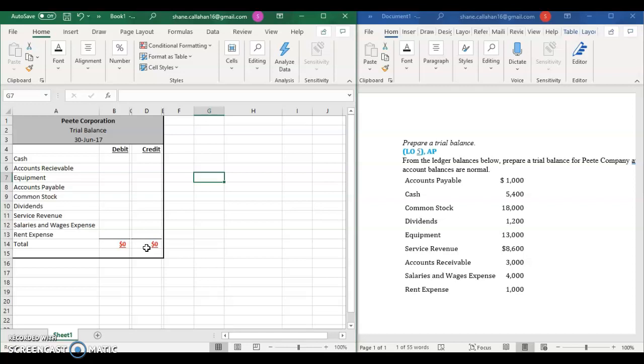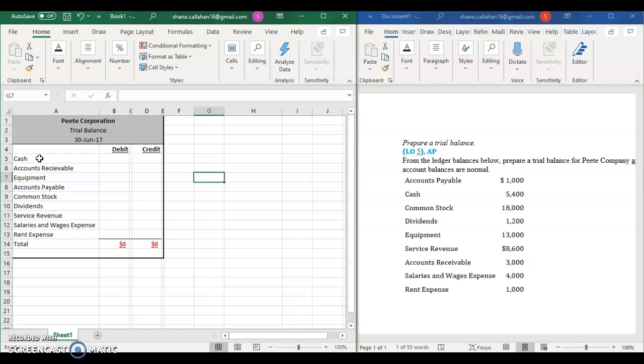You list the account balances in order from assets, liabilities, stockholders' equity, revenues, and expenses.